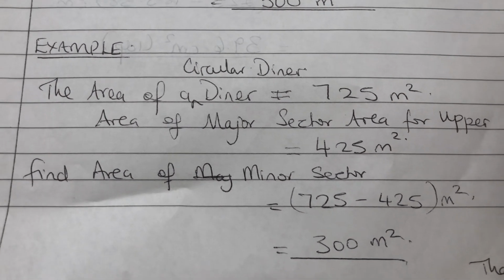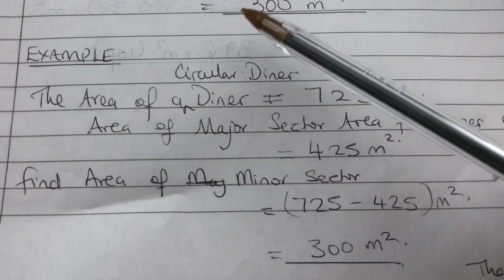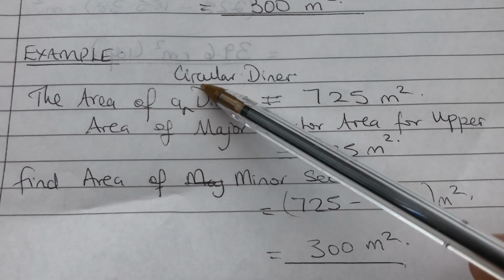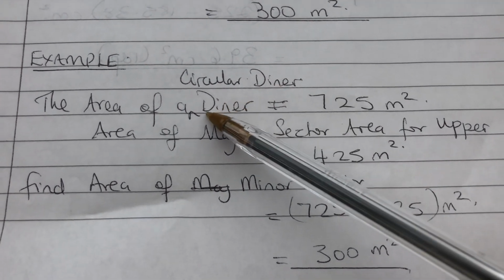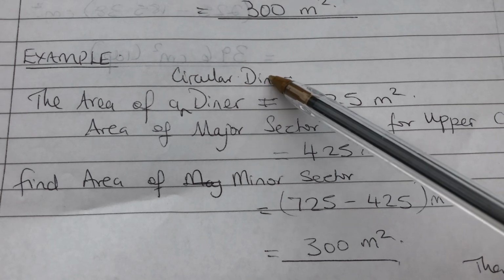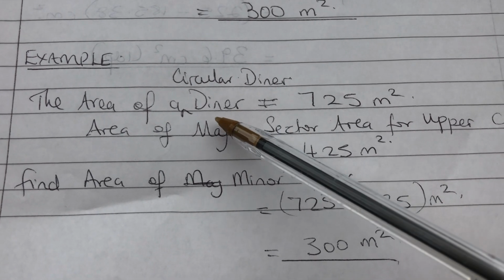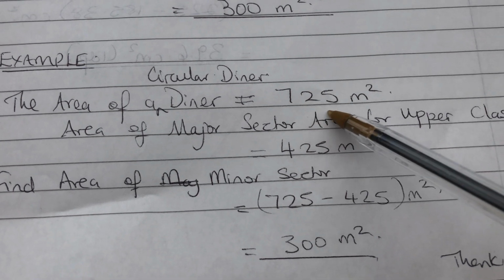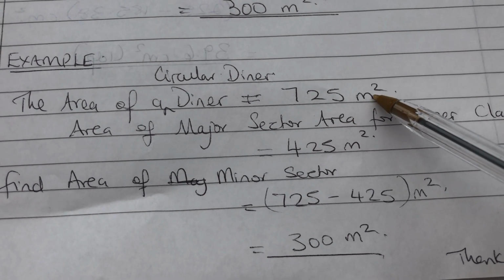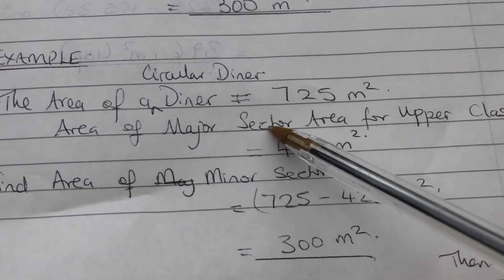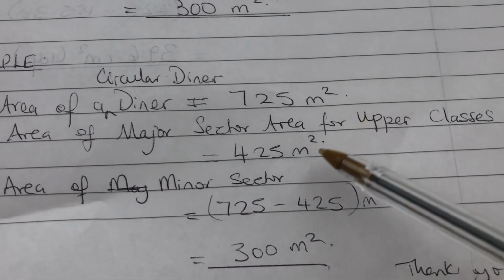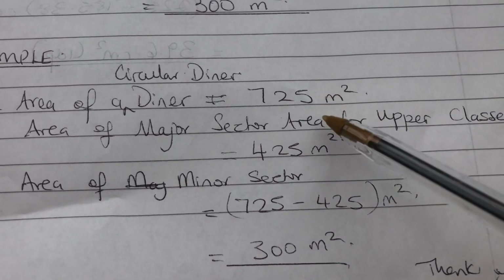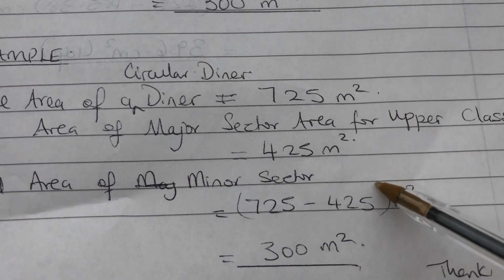Let's have a look at one more before we go. The area of a circular diner. Normally diners come in so many shapes. There's a dining hall of 725 meters squared. The area of the major sector, for the upper classes, is 425 meters squared.